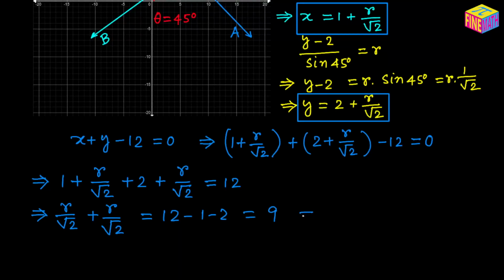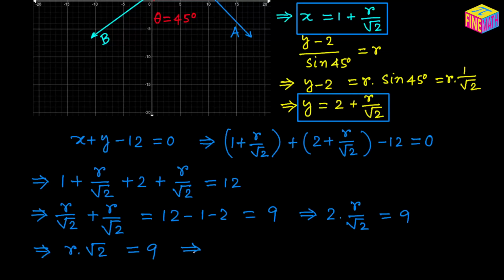From here, 2 times r over square root of 2 is equal to 9. Then this is r times square root of 2, because 2 over square root of 2 reduces to just square root of 2, so that is equal to 9.